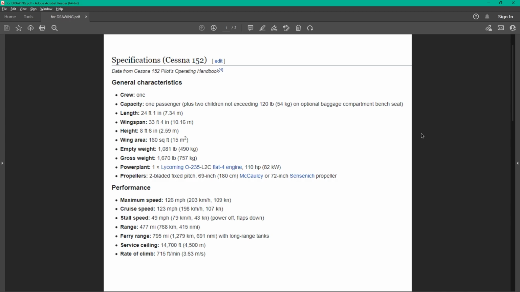The length of the Cessna 152 is 24 feet 1 inch or 7.34 meters. The wingspan is 33 feet 4 inches or 10.16 meters, and the height is 8 feet 6 inches or 2.59 meters, and the wing area is 160 square feet or 15 square meters.